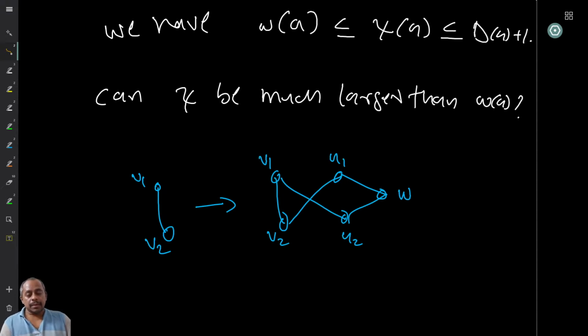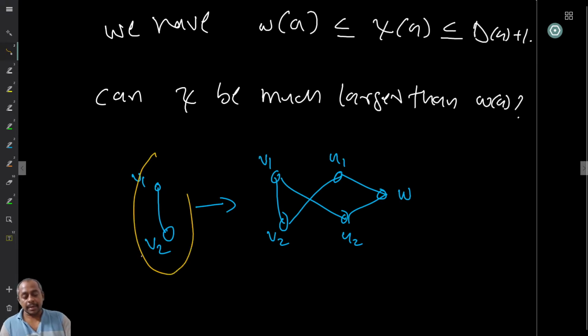So here is an idea. Let us first show that with K plus 1 colors the coloring is possible. That is easy, because I start with a coloring of the graph G, the first graph that I started with.